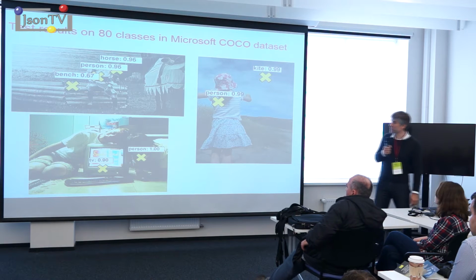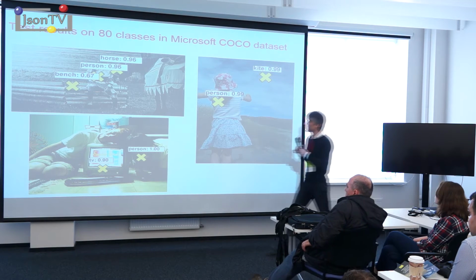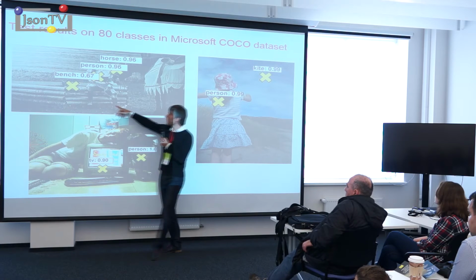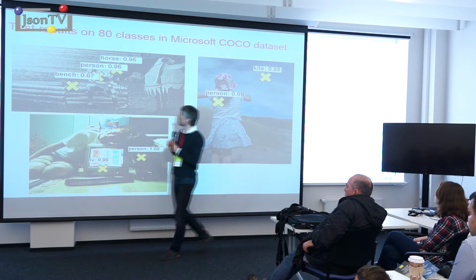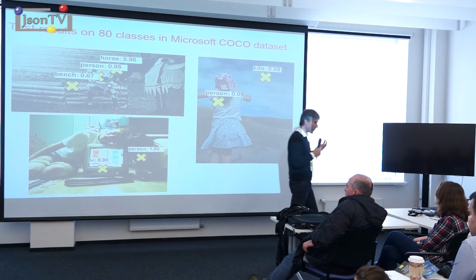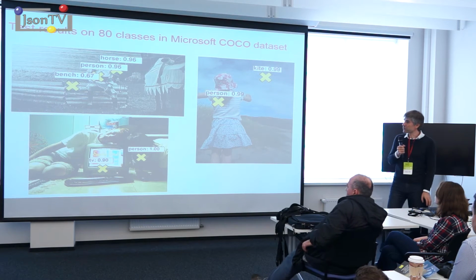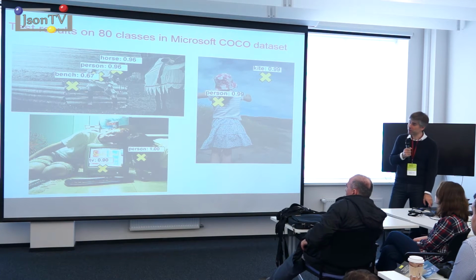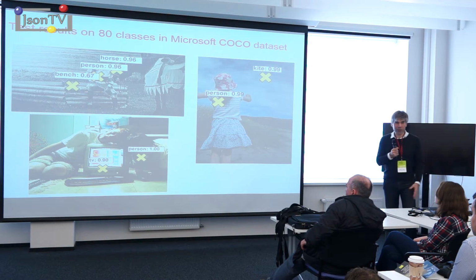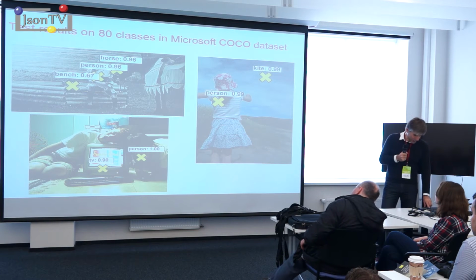Of course, it's always interesting to look at mistakes. So here's one that thinks this is a bench, which probably correlates with a person sitting. Of course, we've never trained it for sitting, but it has somehow picked it up, so the bench probably correlates with people sitting, although it has not explicitly learned the concept of sitting.